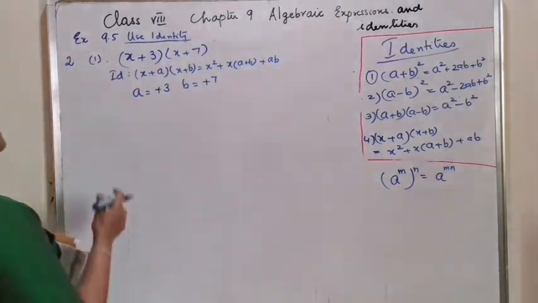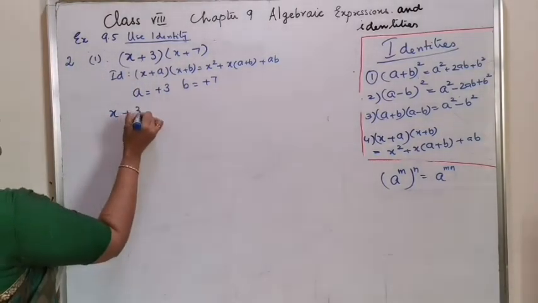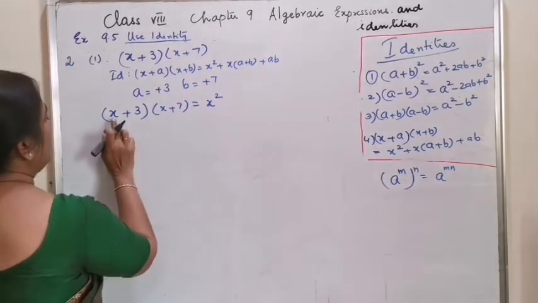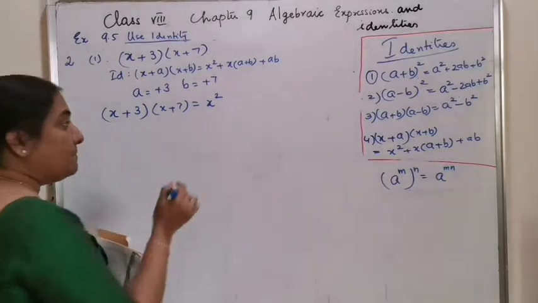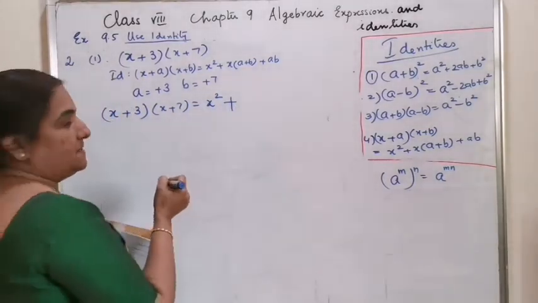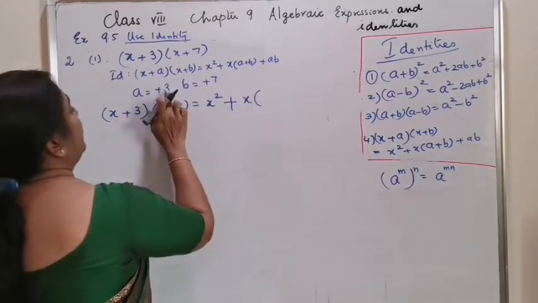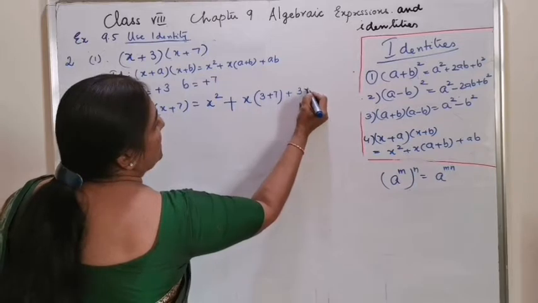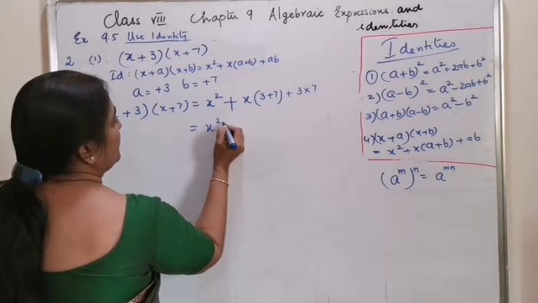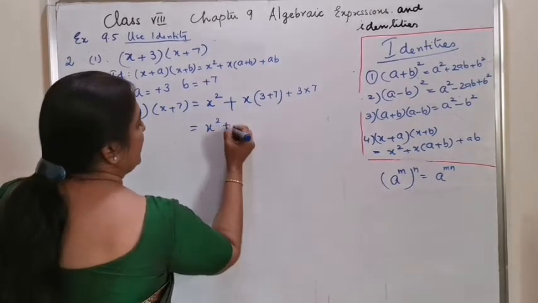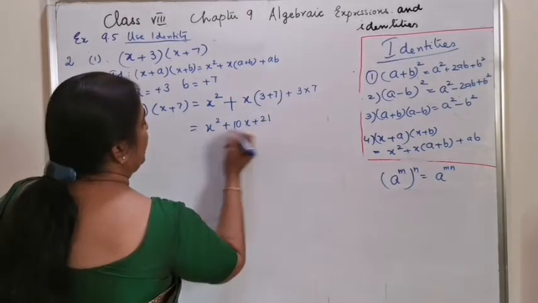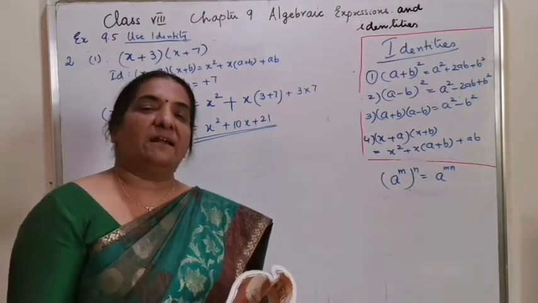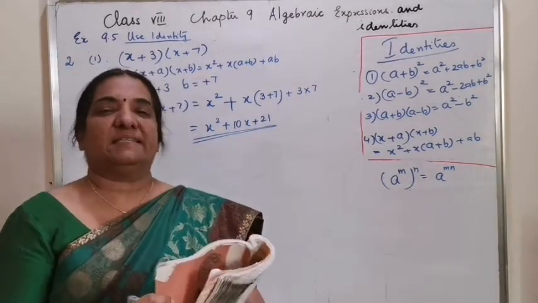So what will be the answer? x plus 3 into x plus 7 is the same as x square, no change because the first term is same, plus, you always put plus, x into (a plus b), that is 3 plus 7, plus 3 into 7. So x square, now 3 plus 7 is 10, plus 10x plus 21. If a and b are positive, you need not worry. Only when they are unlike sign, we have to be careful while writing the answers.